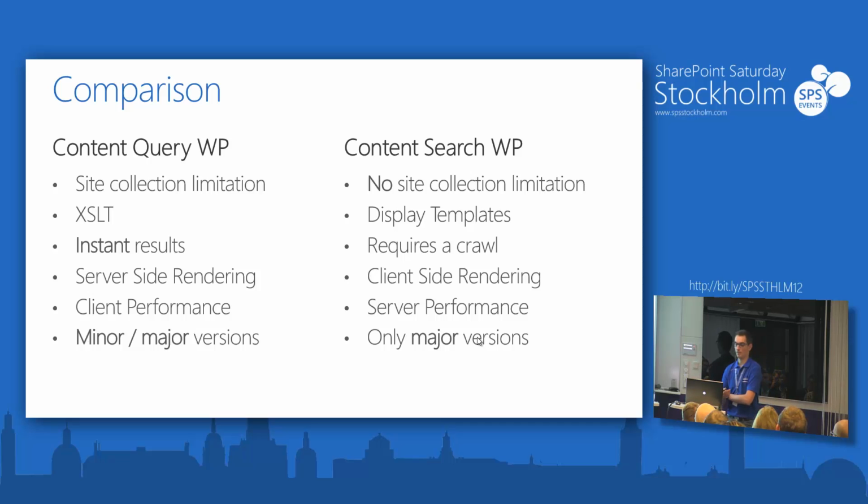I came from a platform at another client, and they had a lot of remarks about the content query that they saw already documents that may not be visualized yet because it was a minor version, but because that user had permissions and the person before me didn't set it up to show only the published documents, it showed the minor. So that problem is already solved in the content search web part.